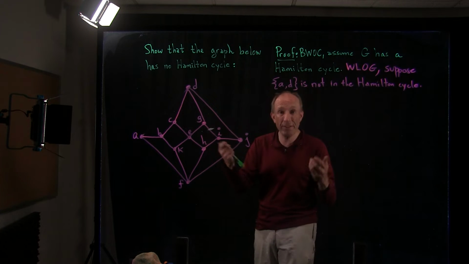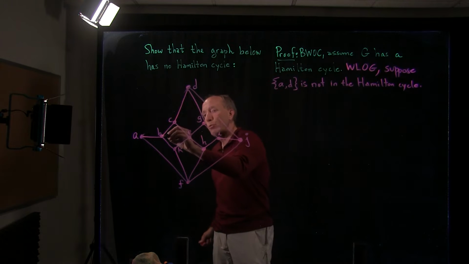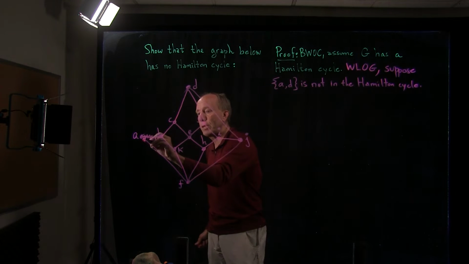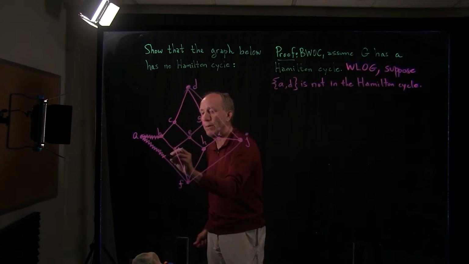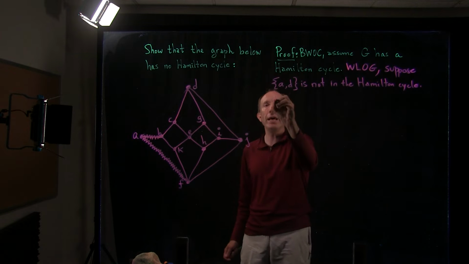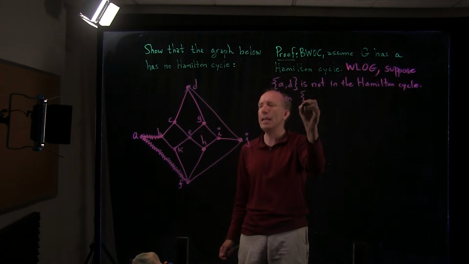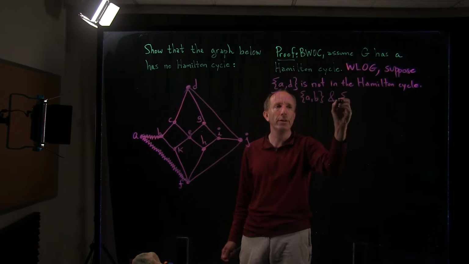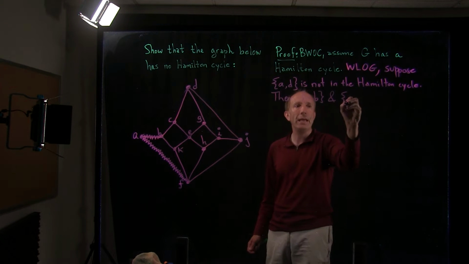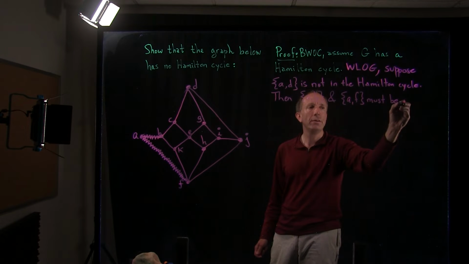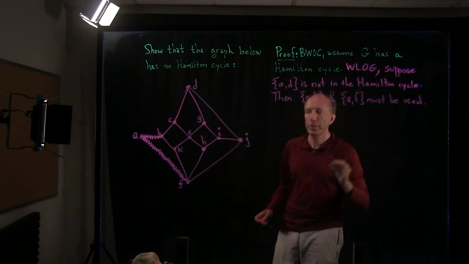And because we have to visit vertex A, we would have to use both of the edges that are incident with A. I'm going to go ahead and shade those in now, highlight those, that we are going to use those edges. So then, we don't have to explain every single thing that we're writing down. We just want to try and do it in order. So AB and AF must be used. Okay?